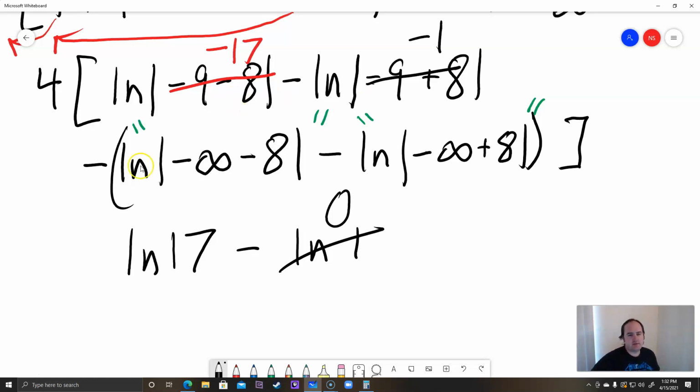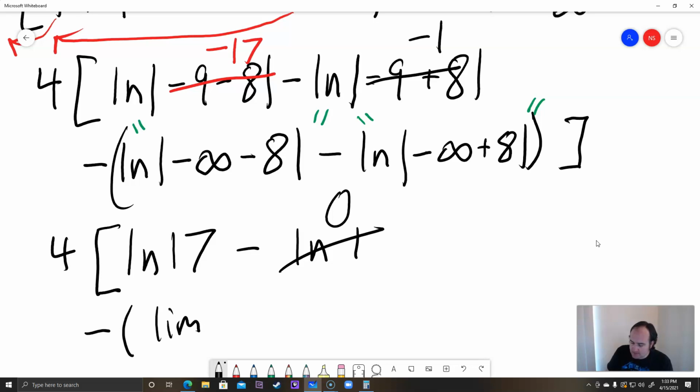All right, and then for the other part of it, the infinite part, we can go ahead and rewrite those as limits. So we have minus parentheses limit, as, this time I'm going to use a because it was the bottom limit of integration.